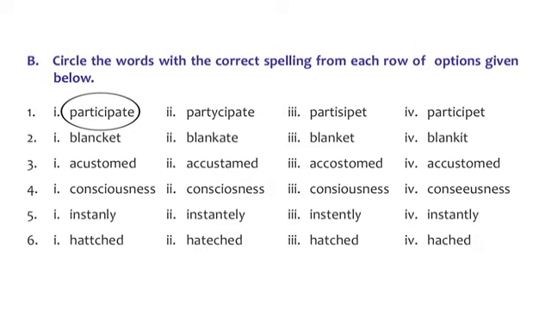Let's look at the second one. Blanket. What is the spelling of blanket? B-L-A-N-K-E-T. That's right. The third option is the answer. The third question, accustomed. What do you think is the right spelling of accustomed?